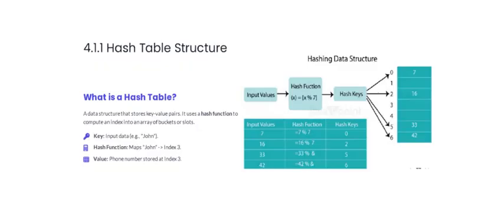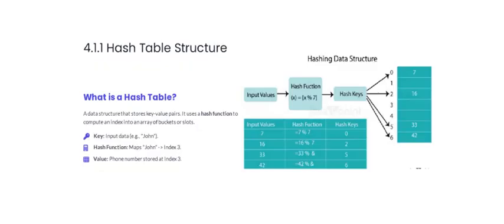It uses a hash function to compute the index into an array of buckets or slots. Using the key value pair, the hash function is found, and that particular table where the key value and hash function are is what we call the hash table. So these are the values, keys and hash function. Using these we can see the flow of the hashing.